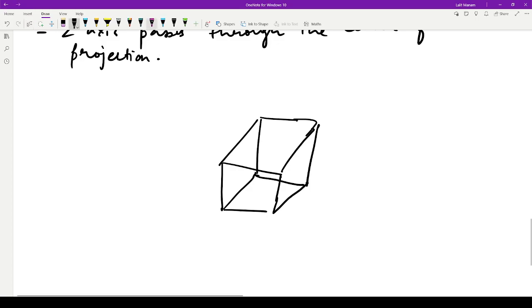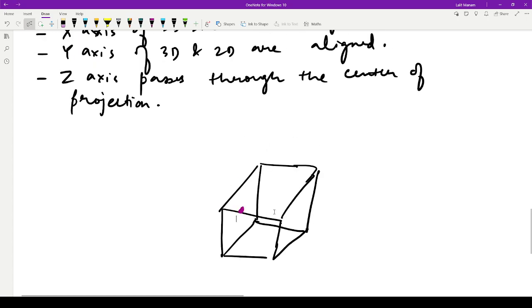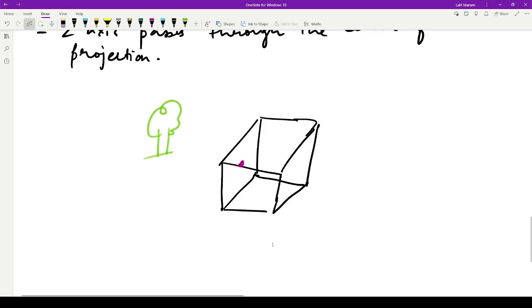We have a very small hole here, and given an object, for instance a tree here, the basic principle is you just pass rays through this single point, and wherever it images, you have the image there in reverse fashion.